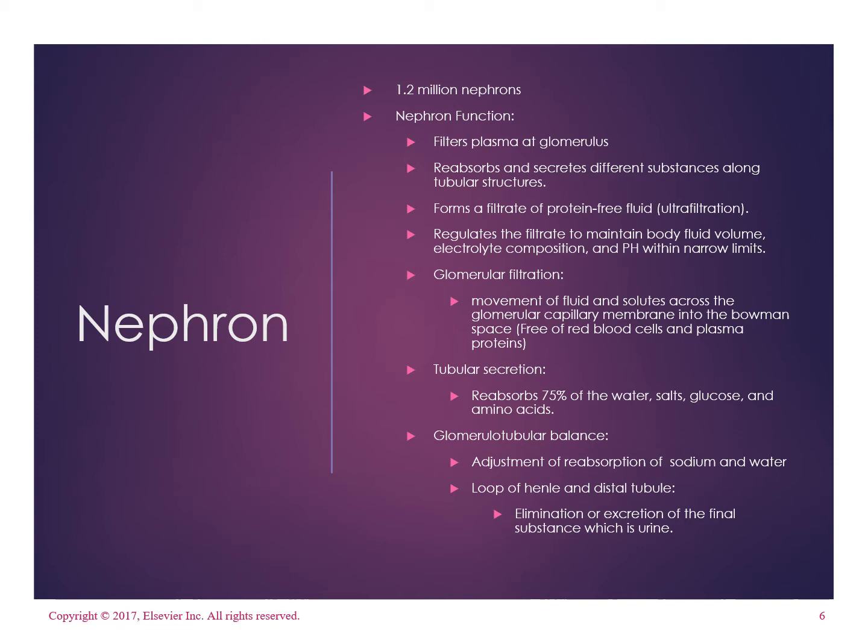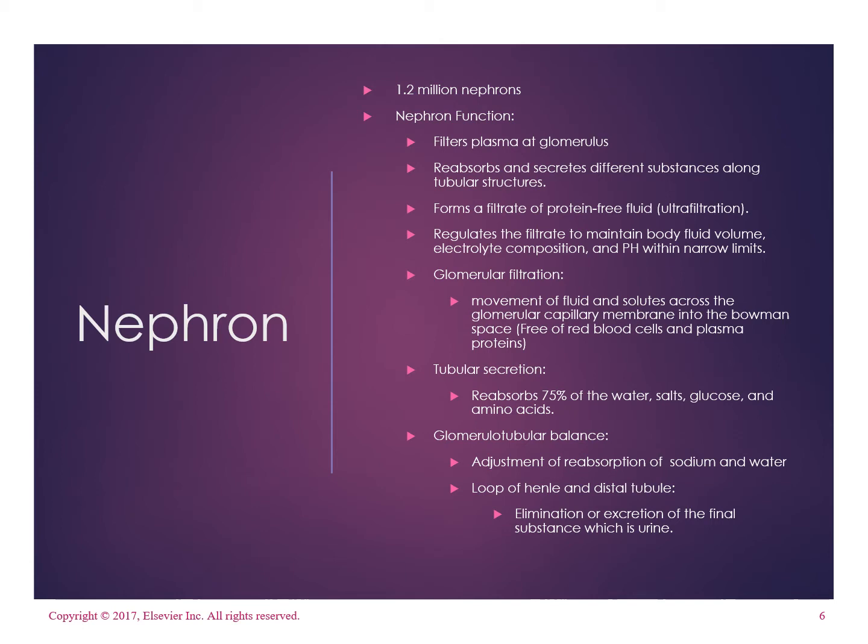So when we're talking about the nephron, it is made up of the glomerulus, Bowman's capsule, proximal convoluted tubule, the loop of Henle, and the distal convoluted tubule. There are approximately 1.2 million nephrons.